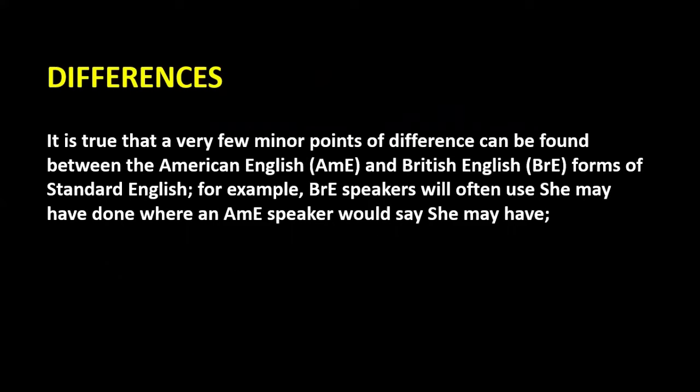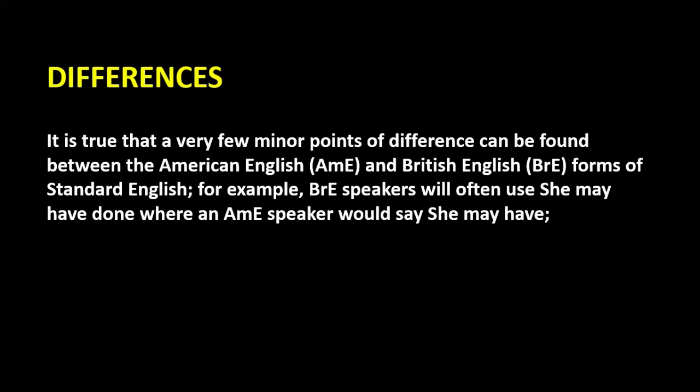It is true that very few minor points of difference can be found between American English and British English. Over here, I have given American English in the short form AmE and British English as BrE. For example, British speakers will often use "she may have done", where an American speaker says "she may have".